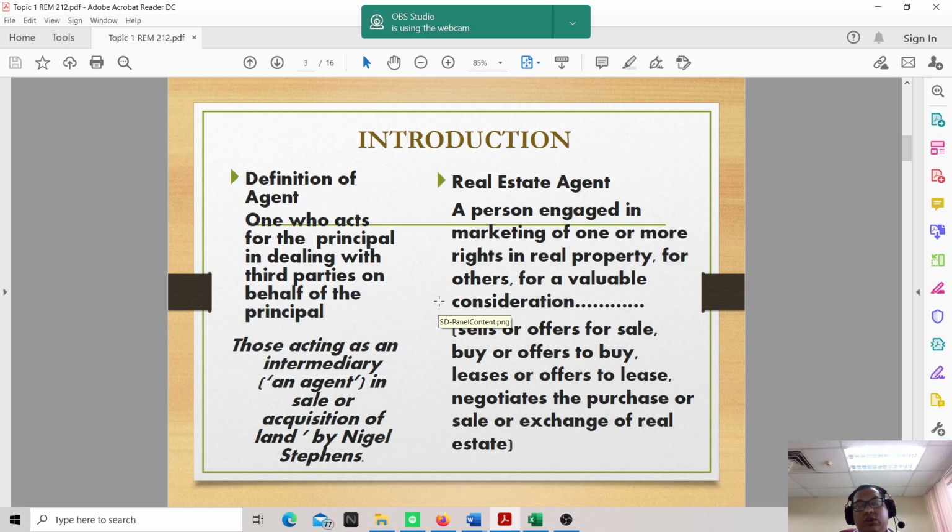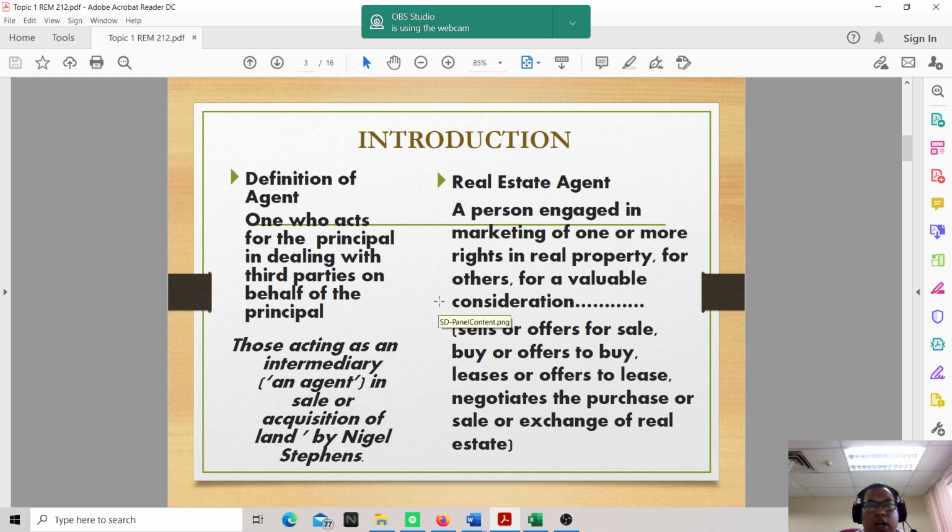They see you as a professional. So when they see you as a professional, they expect the best quality of services from you, because you are collecting a certain amount of fee from the principal. So you must do everything relating to the transaction, meaning you are the one who tries to find a potential buyer. You are the one preparing all of the documents needed to bring forward to the lawyer or the land office.